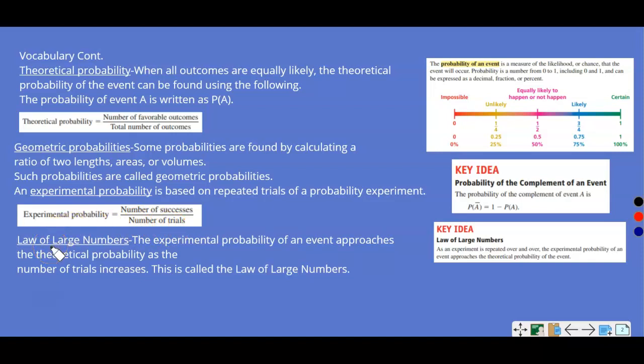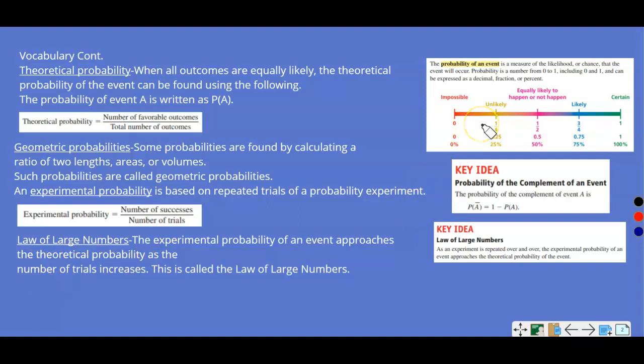And the last definition, law of large numbers: the experimental probability of an event approaches the theoretical probability as the number of trials increase. This is called the law of large numbers. So that means the more times that you do an experiment, like the more trials you do, the larger number of trials, the closer it's going to get to the theoretical probability.